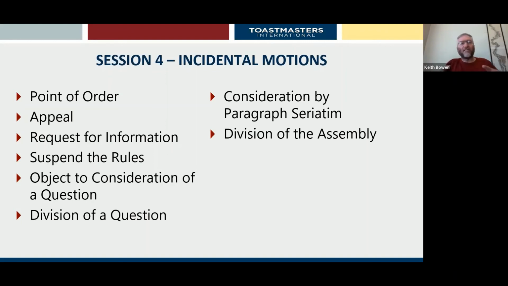Or trying to get us back to what we should be doing now. It's not about listen to me now because I've got the biggest voice, and I'm going to carry on with points of order just to disrupt. There's a validity to a point of order, but it can be abused. And the chair can actually decide whether the point of order is upheld or not.